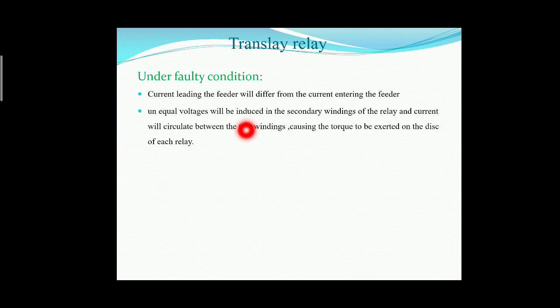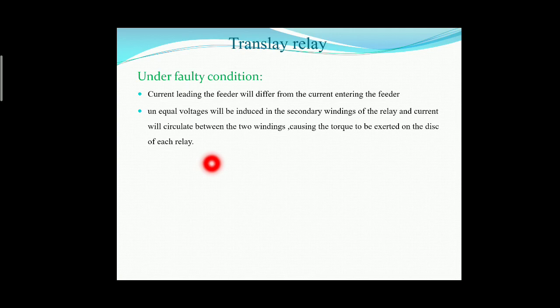Due to that, unequal voltages will be induced in the secondary windings of the relay, and current will be circulated between the two windings, causing torque to be exerted on the disc of each relay.